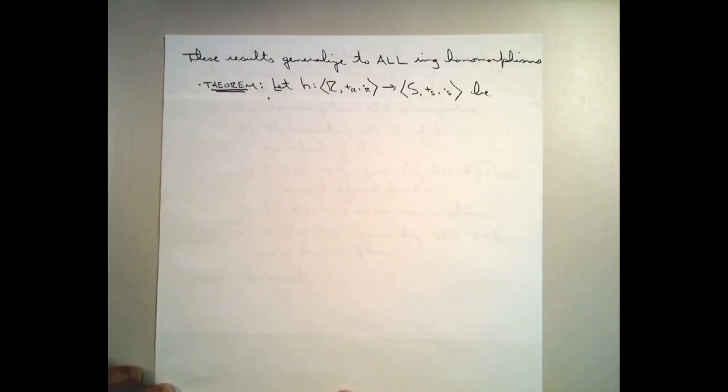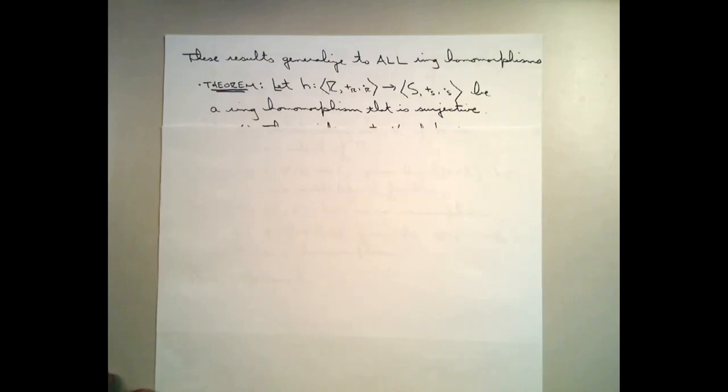Here's a theorem. Let H from some ring R to some ring S be a ring homomorphism that is surjective. Then we have a number of things that are true.